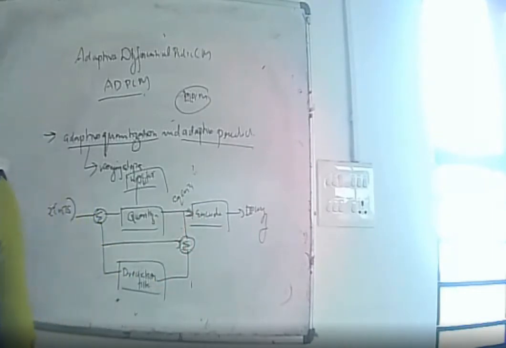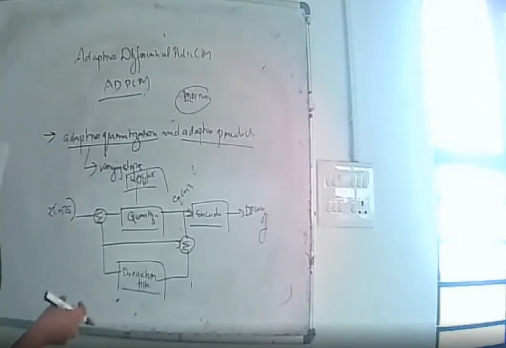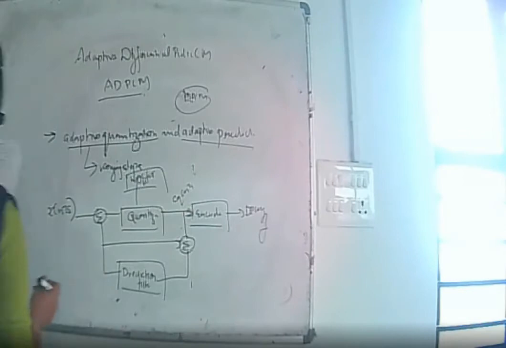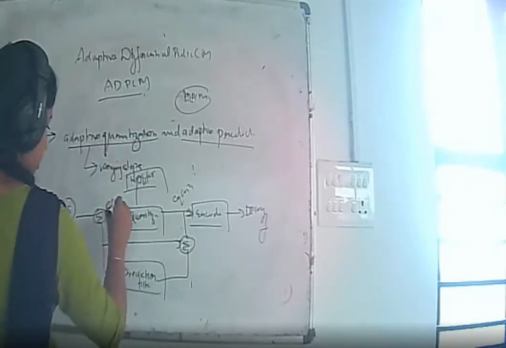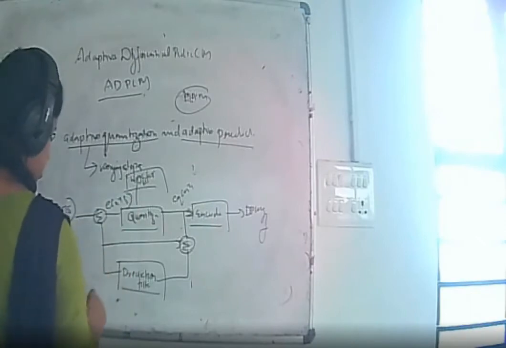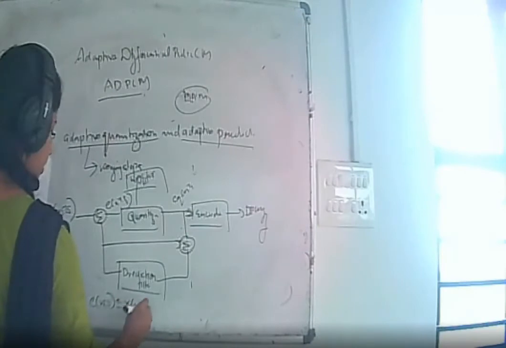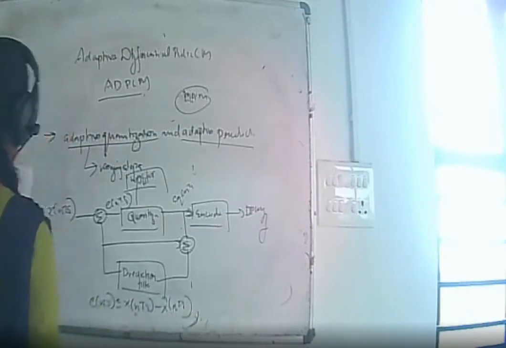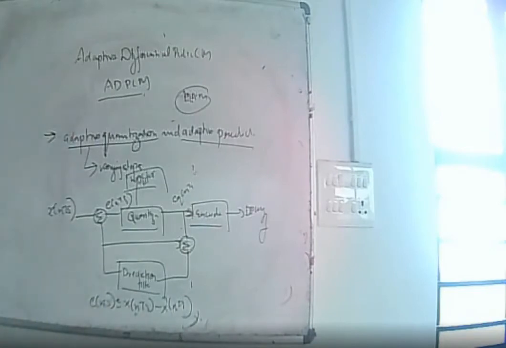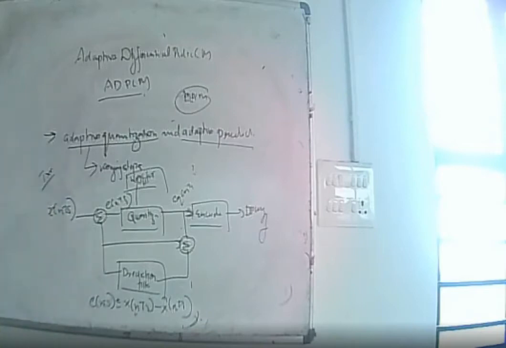The difference between the actual sample value and the predicted value is known as the prediction error. This is our prediction error, e(nTs), that is, e(nTs) is nothing but x(nTs) minus x cap(nTs). So this is the transmitter side of adaptive differential pulse code modulation.